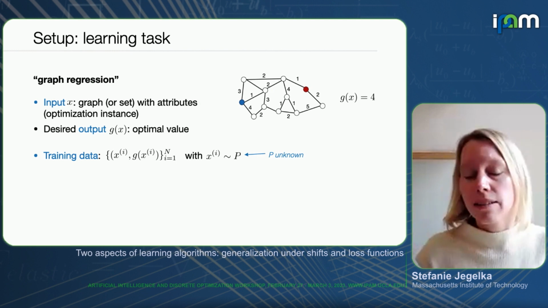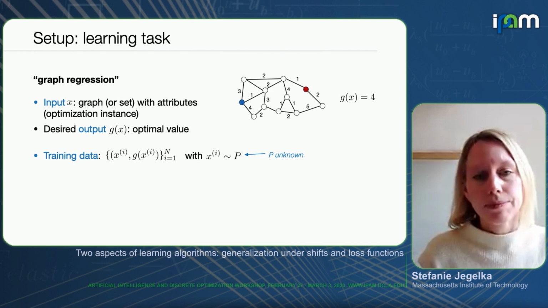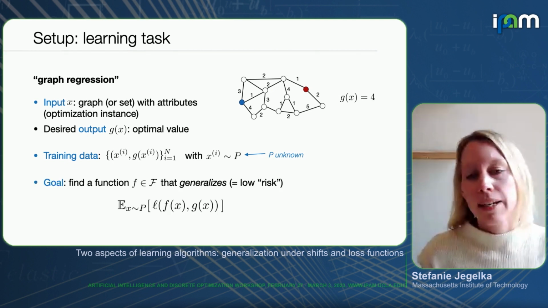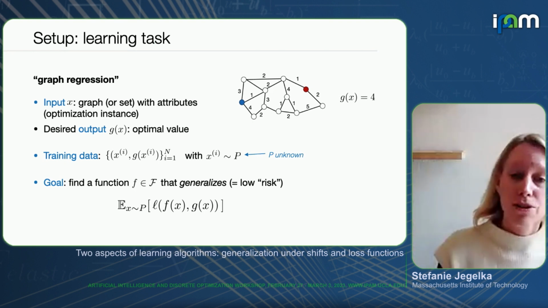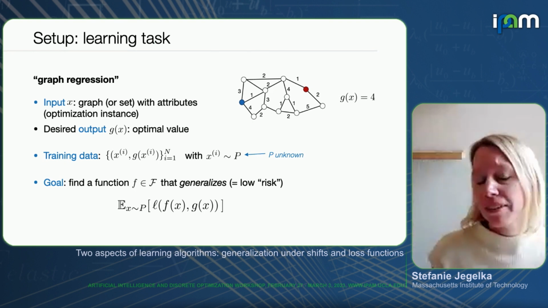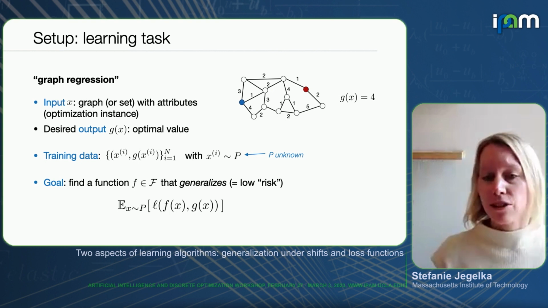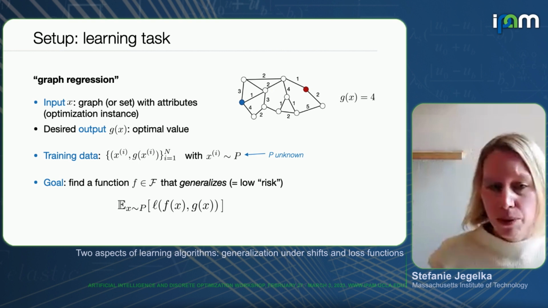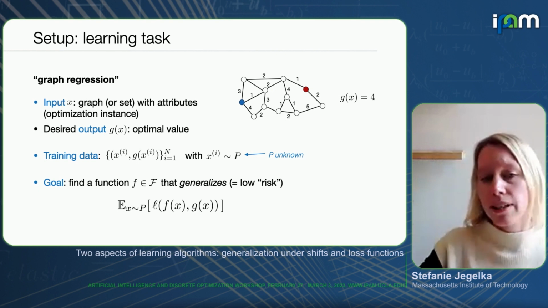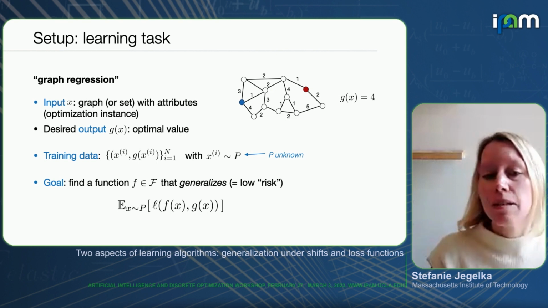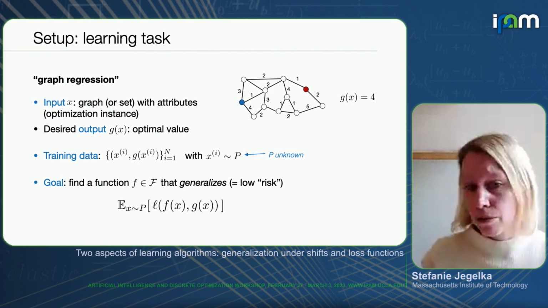And what I want to estimate is that function g of x that gives me the optimal value. The way I do this is by minimizing a loss function. And there's, of course, a lot of freedom in choosing these loss functions, and some work better than others. For the moment here, I'll just look at this as a regression problem. But what we care about essentially is that if we see graphs that come from the same distribution as my training graphs, I want the loss function on average to be small.